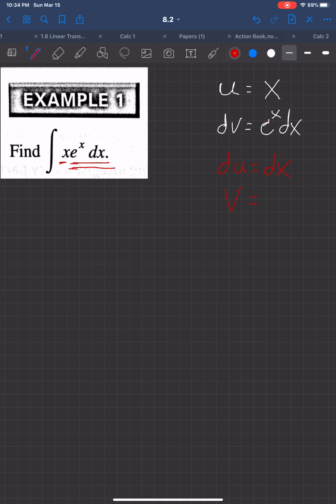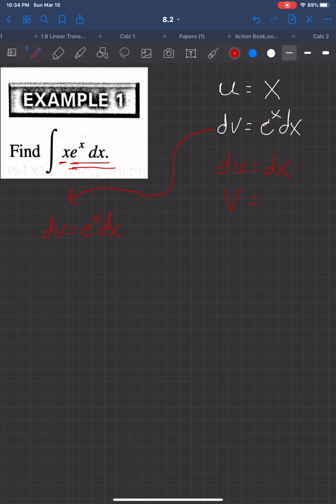All right, well, let's come off to the left. Let me show you how you arrive at v. So because you chose to define dv as e to the x dx, then to get back to v, we're going to have to integrate, right?